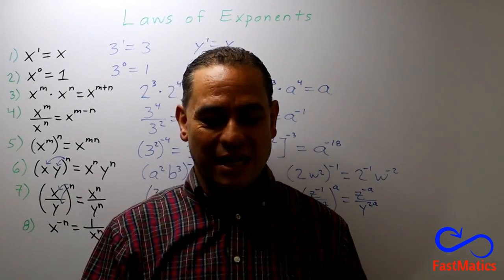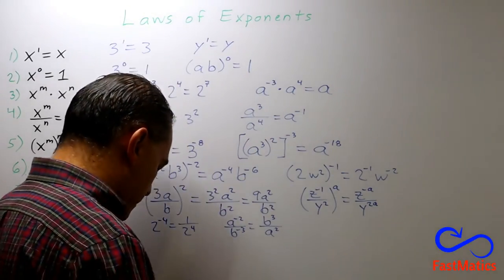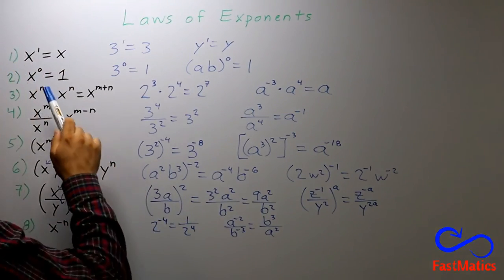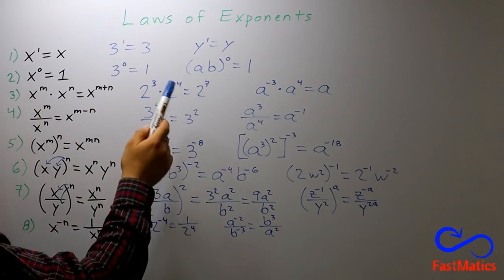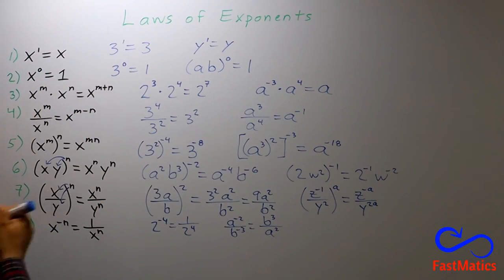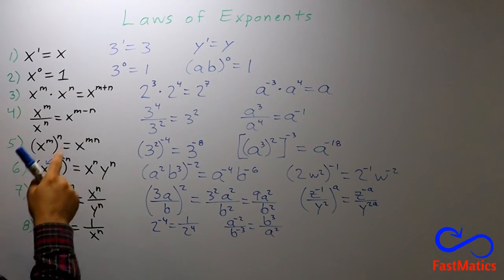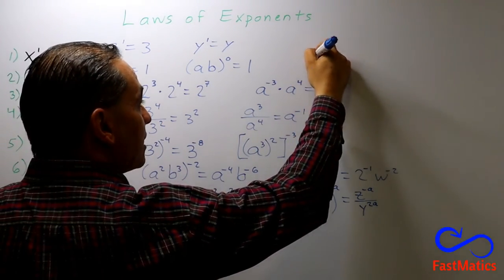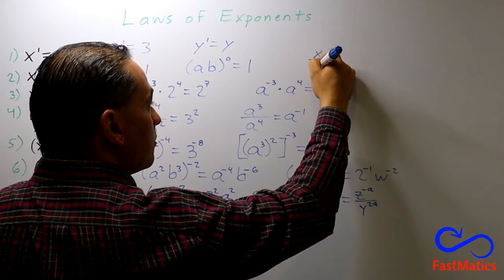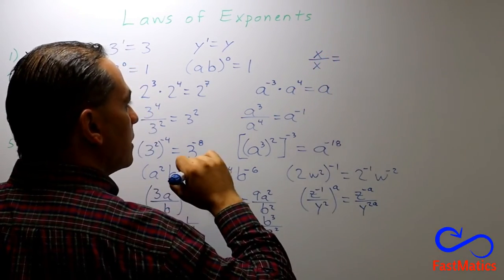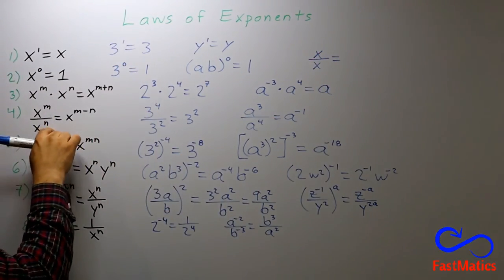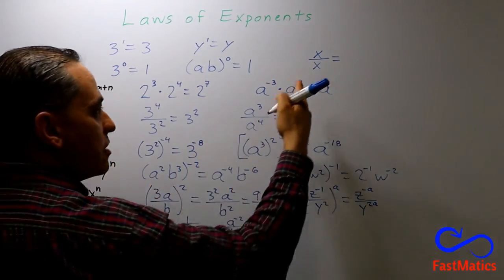And one last thing. Why is anything raised to the power of 0 equal to 1? Well, what happens if I divide x by x? If you see this law, you have to subtract the exponents.